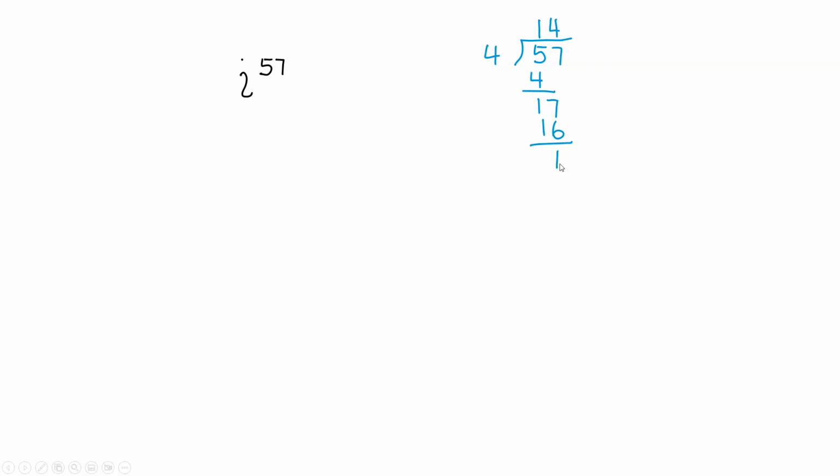It's really the remainder that's going to be the most important part, because this means I have 14 i to the fourth, so I have i to the fourth to the 14th power times i to the first power, the remainder. All of this is just going to become 1, because i to the fourth is 1, and 1 to the 14th would just be 1 again. So you would be left with i. So i to the 57th power is just going to be i.